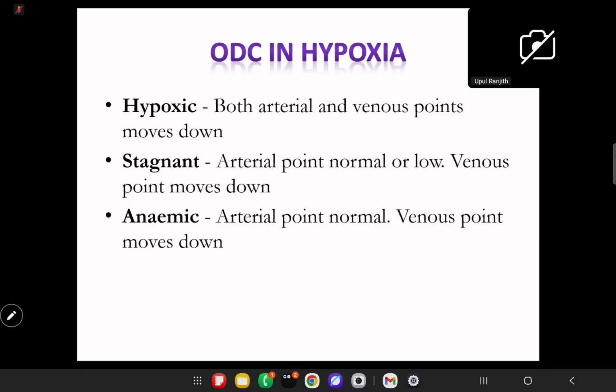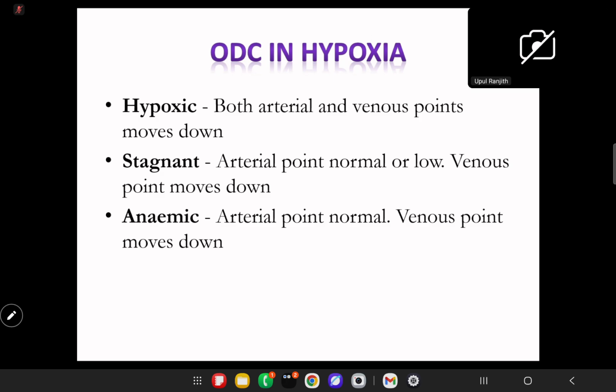Then in anemic hypoxia, the arterial point is normal and the venous point moves down. Again the oxygen flux is reduced, because the partial pressure is normal and the cardiac output is normal, but the problem is hemoglobin, not 15 gram percent but say 7.5 gram percent.